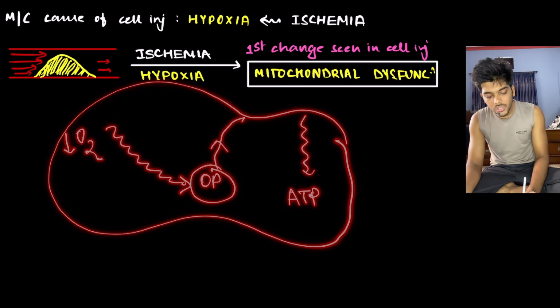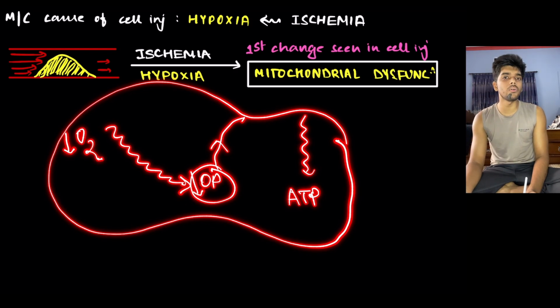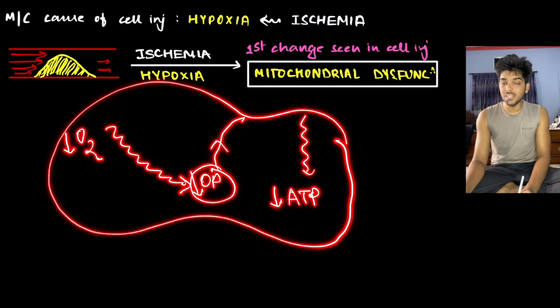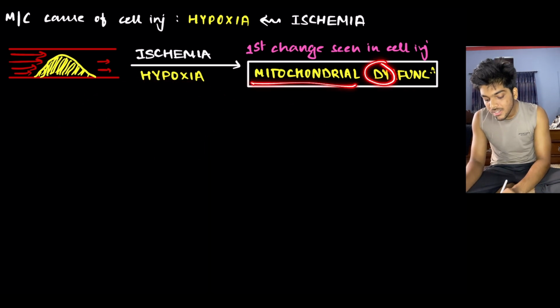So there is reduced oxidative phosphorylation within the mitochondria of the cell. So there is reduced production of ATP by mitochondria. That is, mitochondria is unable to produce as much ATP as it needs to. So there is impairment in the function of the mitochondria. So mitochondrial dysfunction takes place.